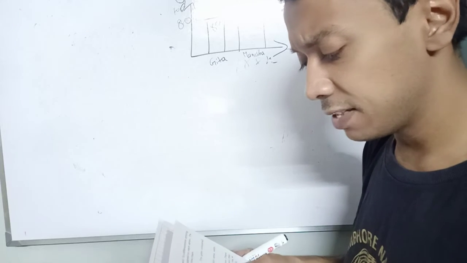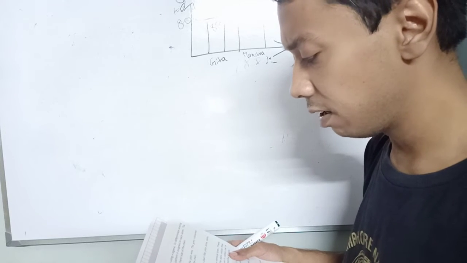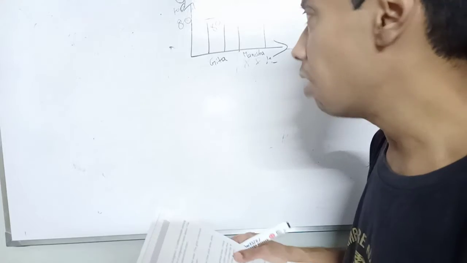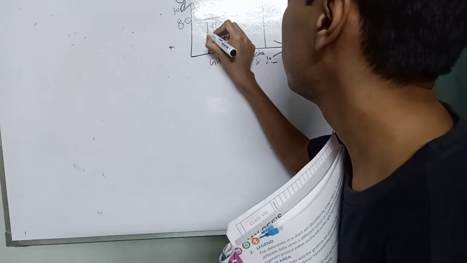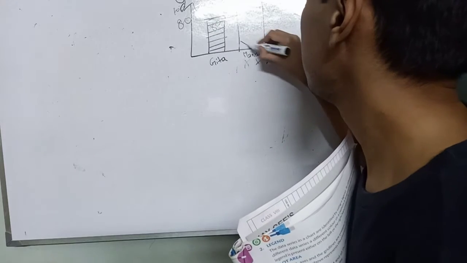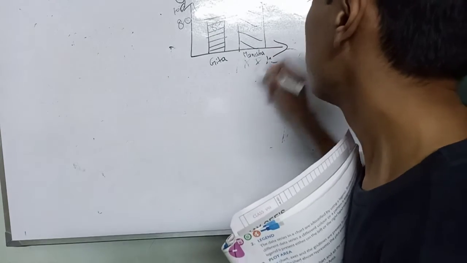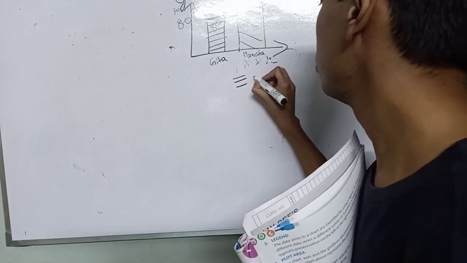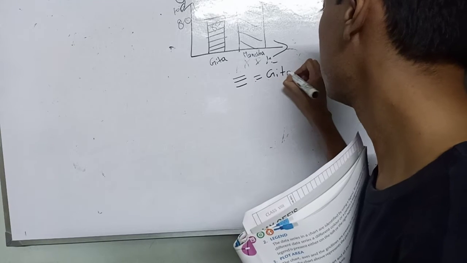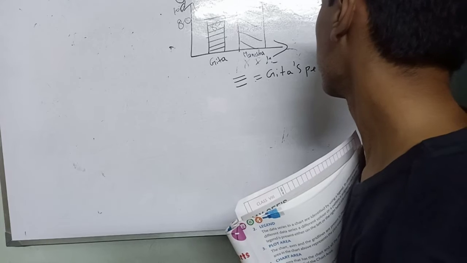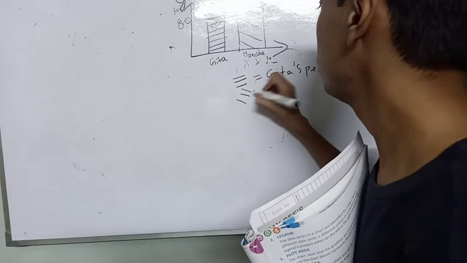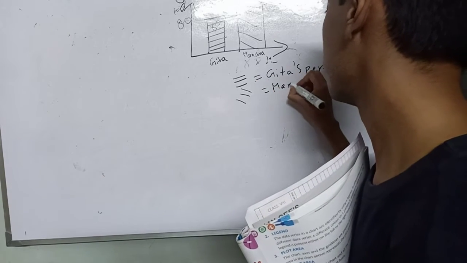Then the legend: the data series in a chart are identified using a legend. Suppose Geeta is this design, and Manisha is like this. This denotes Geeta's performance, and this denotes Manisha's performance.